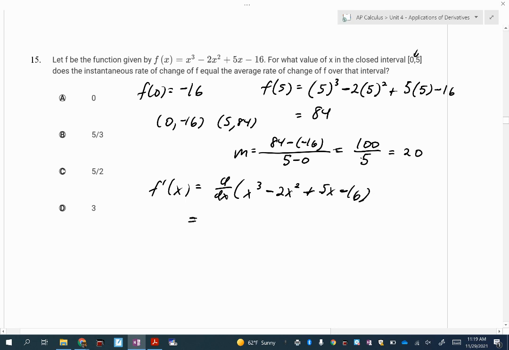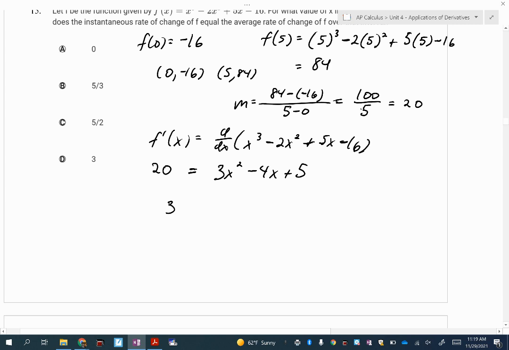And once I find this, I need to set it equal to the slope of 20. That's 3x squared minus 4x plus 5, and that's equal to my slope of 20. All right, so I get 3x squared minus 4x, and I want to move that 20 to the other side with subtraction. So I get minus 15 equals 0.